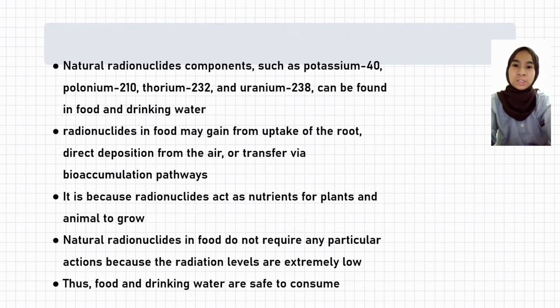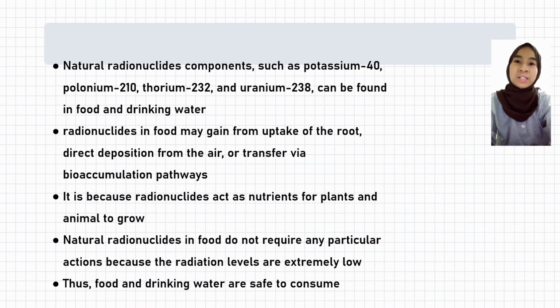Okay, we proceed with the conclusion. First, natural radionuclides components such as potassium-40, polonium-210, thorium-232, and uranium-238 can be found in food and drinking water. Radionuclides in food may gain from uptake of the root, direct deposition from the air, or transfer via bioaccumulation pathway.